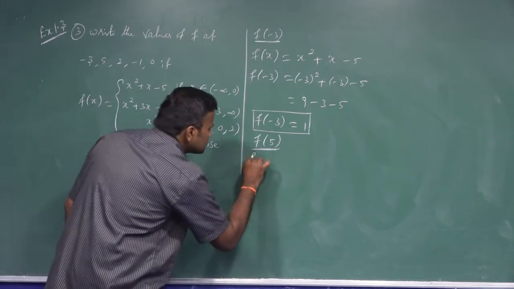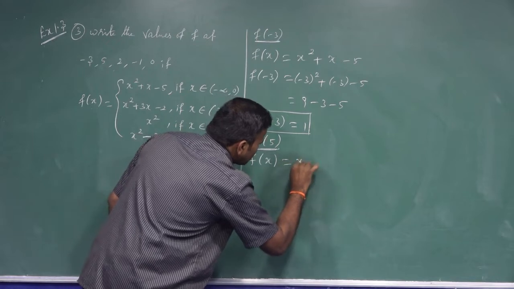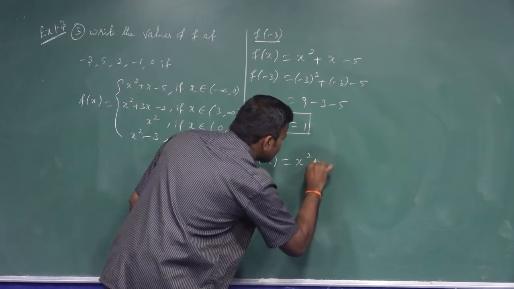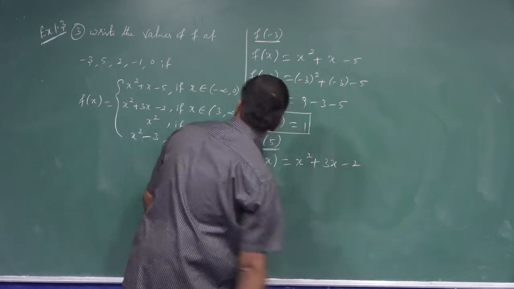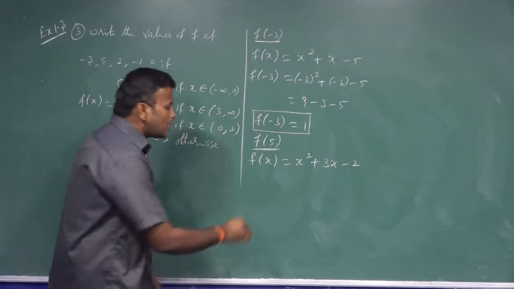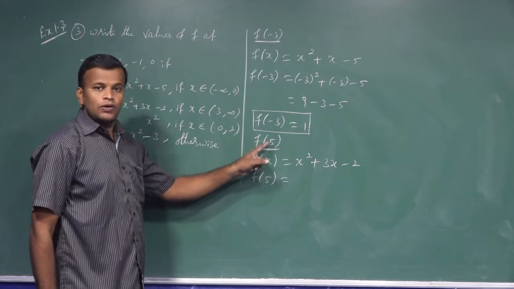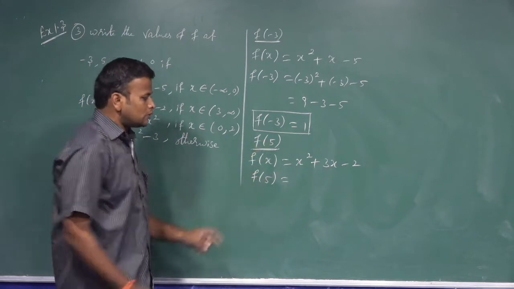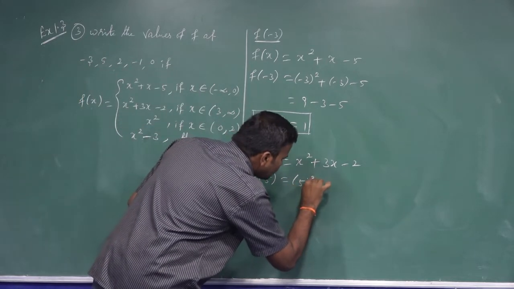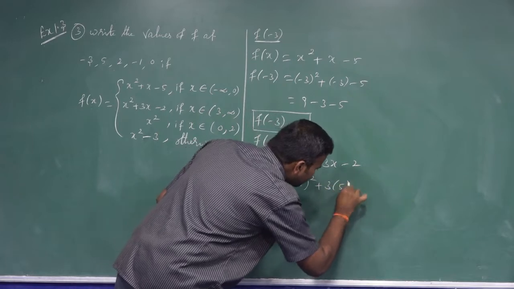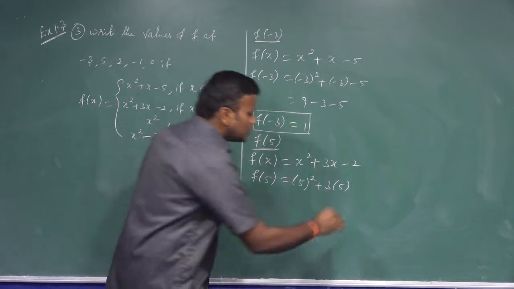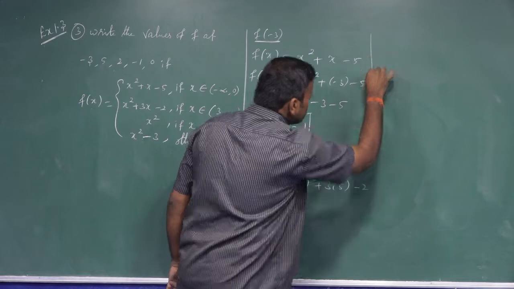So f of x is x square plus 3x minus 2. Now I replace x by 5 because we find f of 5. So f of 5 is equal to 5 square plus 3 of 5 minus 2.